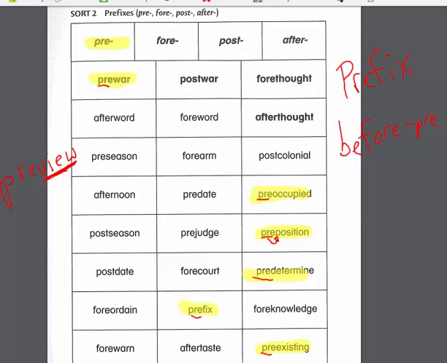Alright, let's look at our next one. For. So look at all of our words that have for in there. Forearm, forward, foreordain, forewarn, forethought, forecourt. Do you have an idea on what for might mean?